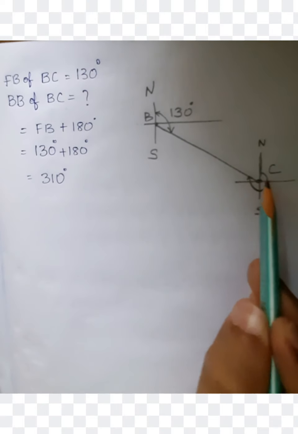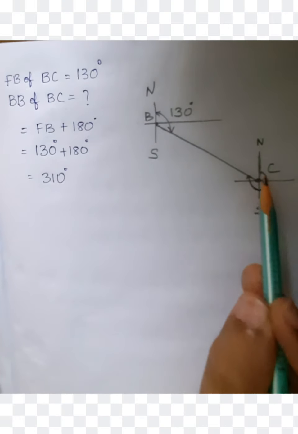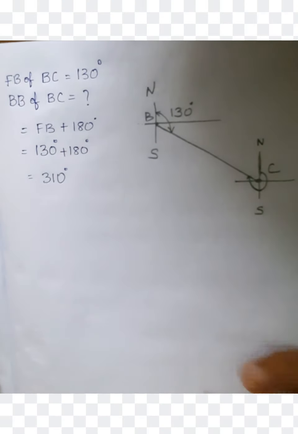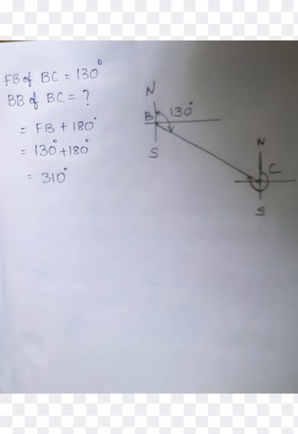The back bearing is calculated from north. So this is the case where the fore bearing is given as 130 degrees.